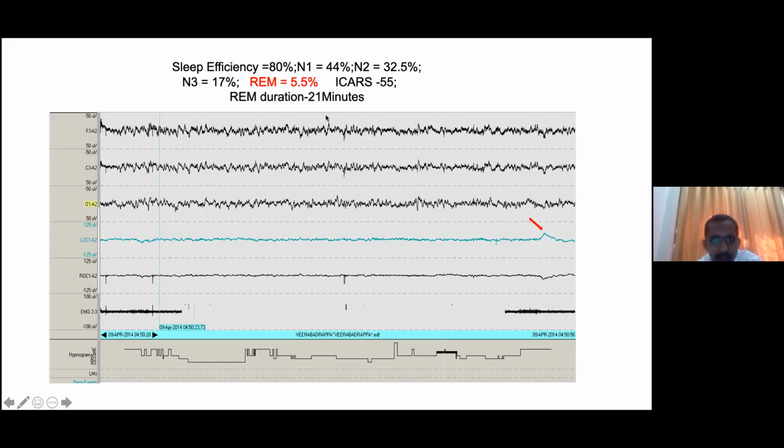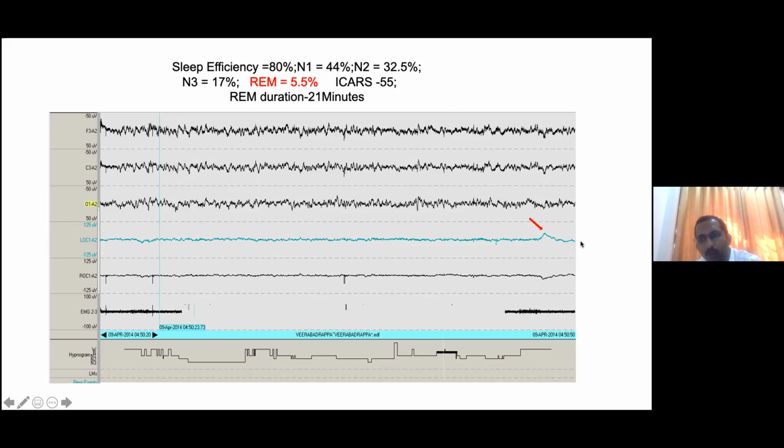So this is another recording, a small one of the entire record. This patient has a similar form of illness, but in the entire recording I could find only one rapid eye movement, of very small amplitude. If you miss this kind of rapid eye movement in these patients, by default you have to score it as the previous epoch. If the previous epoch shows sleep spindles and K complexes, then you score it as N2 stage.